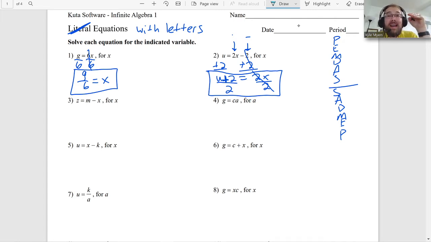As long as whatever you're doing, you're doing equally to both sides of an equation, you're good. It might take you a little bit more steps than somebody else, but if you're doing the same thing to the left side and the right side of an equation, then you're not doing anything wrong. You might just be taking the scenic route.